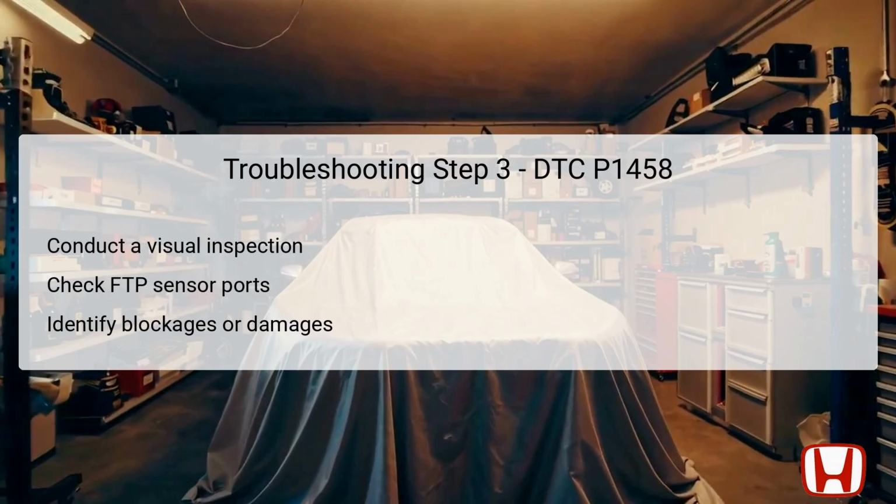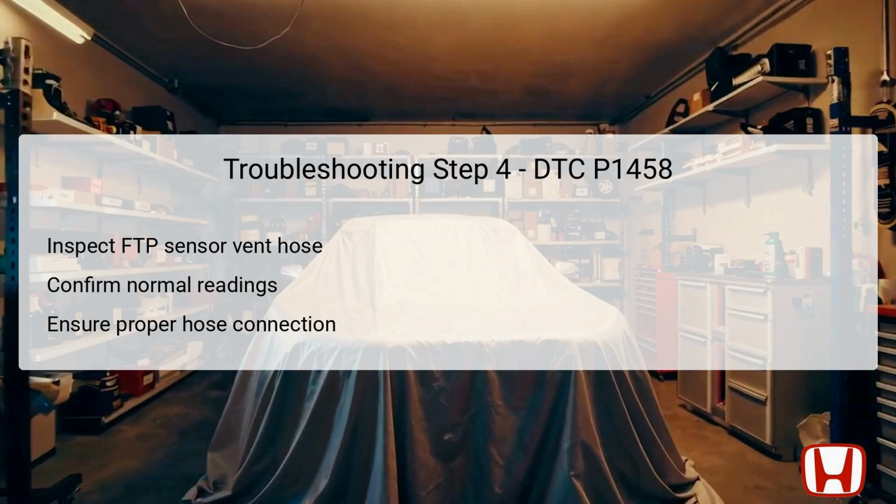Ideally, the ports should be free from debris and disturbances. If abnormalities are found during this inspection, it confirms a problem with the FTP sensor and necessitates further action for repairs. Identifying these issues contributes significantly to a comprehensive understanding of the DTC P1458 problem.